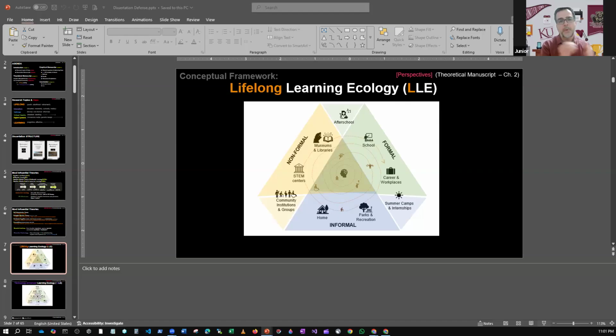The point that I wanted to make is that before the pervasiveness of technology in our lives, we still were able to see where the formal, non-formal and informal areas of learning were. And then afterwards, everything became blurred, one getting into the other space.